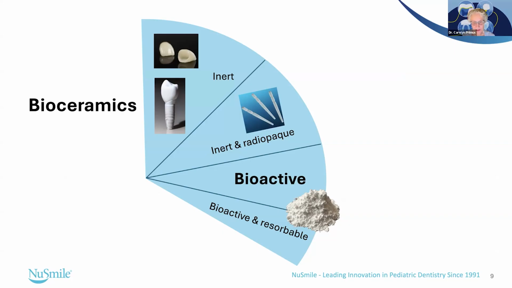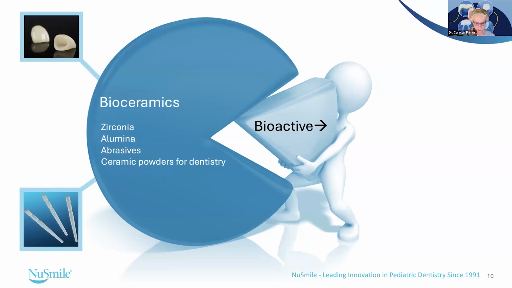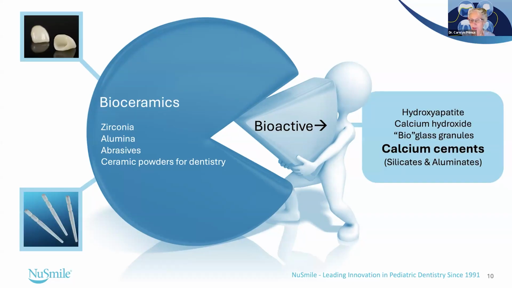But we will focus tonight on bioactive cements that give you some advantages in treating pediatric problems. So bioceramics is a big area, but we only look at a small slice of it tonight of the bioactive materials, which are generally considered to be hydroxyapatite, calcium hydroxide, bioglasses, but we're going to emphasize the calcium cements.